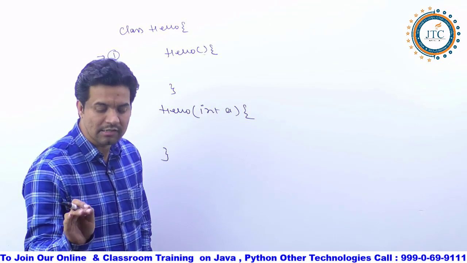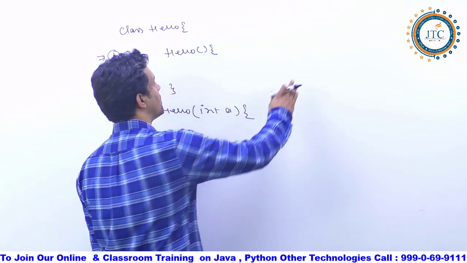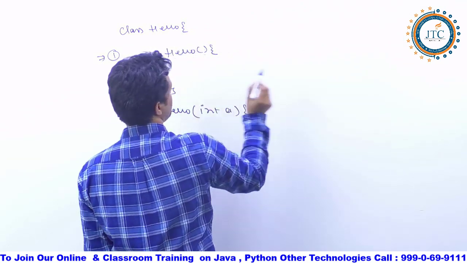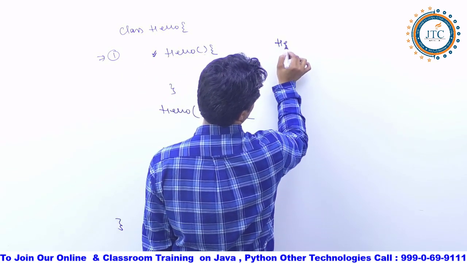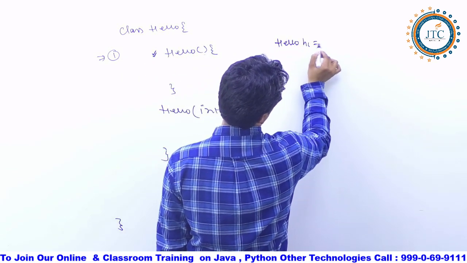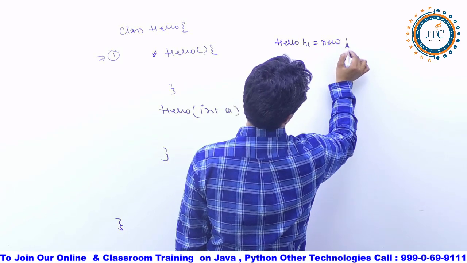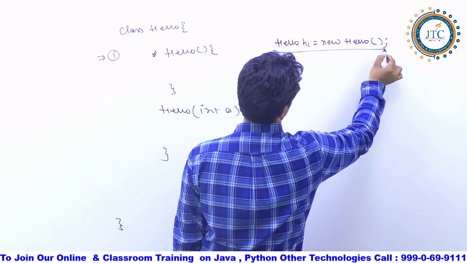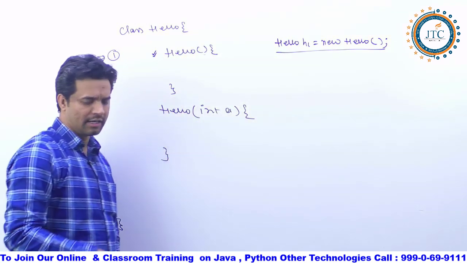Again I am repeating, when can a constructor be processed? Whenever you create any object of a class, only then is the constructor going to be processed. For example, I write hello h1 is equal to new hello. I have created one object.